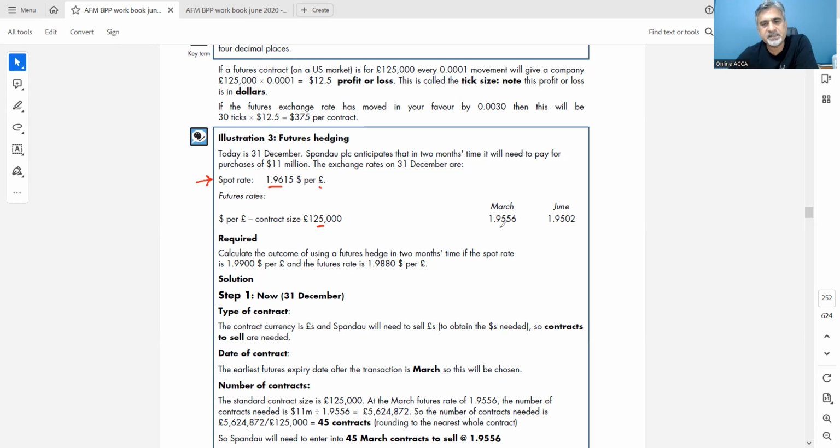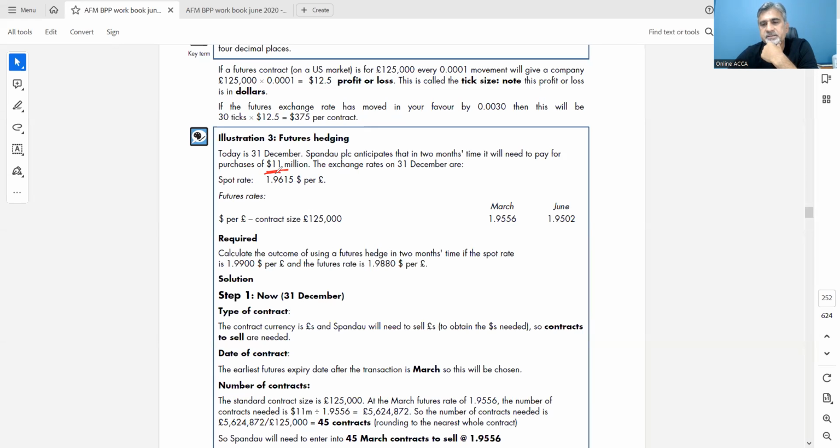The expectations are that sterling will become weaker, dollar will become expensive. For one sterling, today you can get $1.96. The expectations are that in 3 months' time, one sterling will only be equal to $1.95. So sterling is becoming weaker, dollar is becoming stronger, and I have to pay dollars. That's something which is interesting.